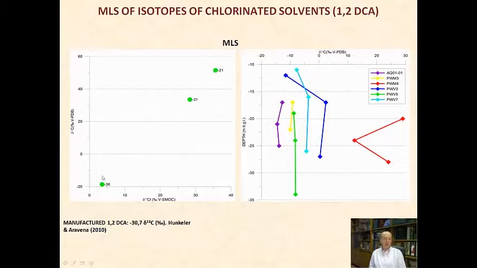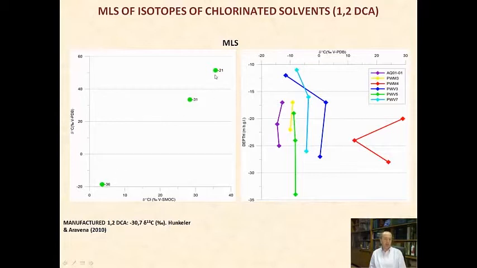A graph taking into account not only the carbon but also the delta 37 chlorine really identifies different situations with depth. At the maximum depth, the values are more depleted, and the enrichment factor of the 1,2-DCA is clearly evident moving into the shallow system.